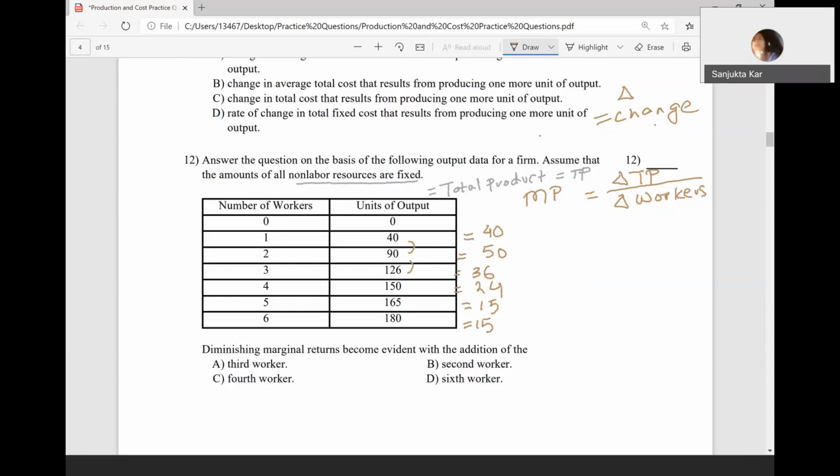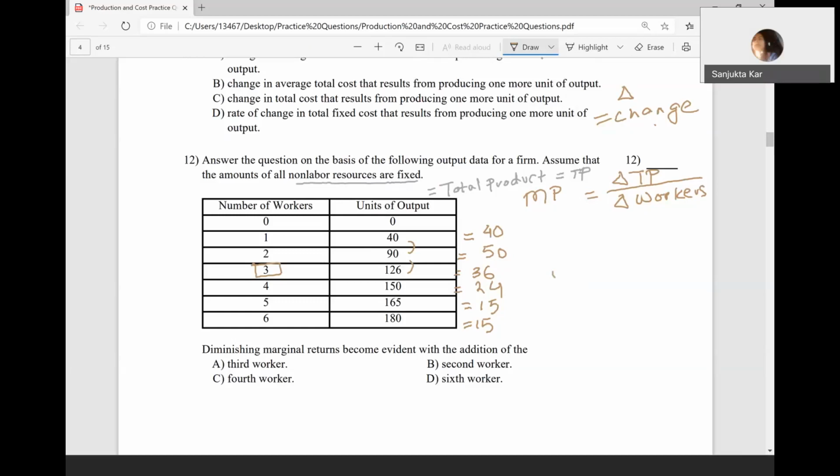And the question was asking, diminishing marginal returns becomes evident with the addition of which worker? My answer will be the third worker, because as you can see here, marginal product was increasing. After that, it kept going down.